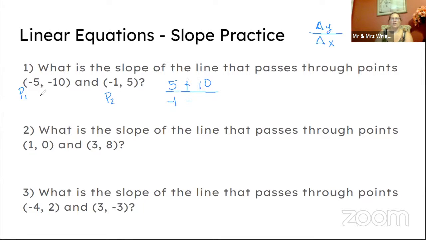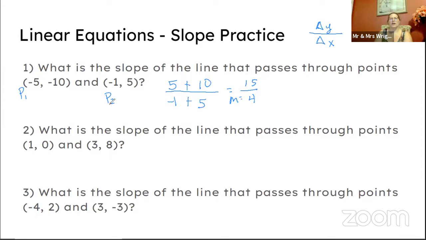Okay. And then the x is -5. Again, I can't subtract a negative. It's going to turn into a plus 5. All right. So that's 5 plus 10 is 15. -1 plus 5 is 4. 15/4. M equals 15/4.